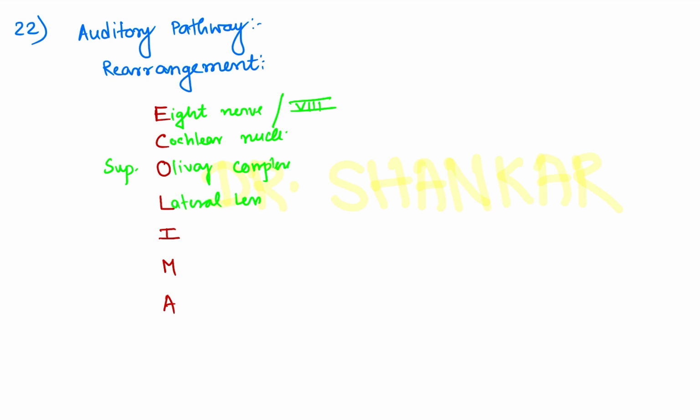I for inferior colliculus. M for medial geniculate body and A for auditory cortex.